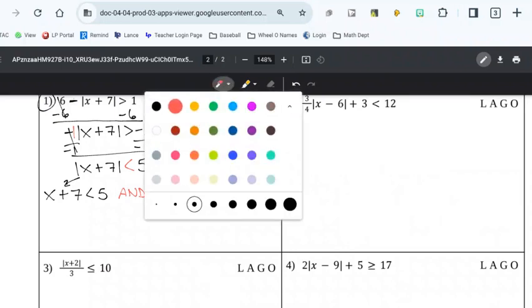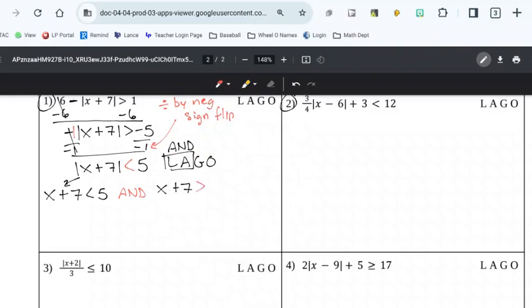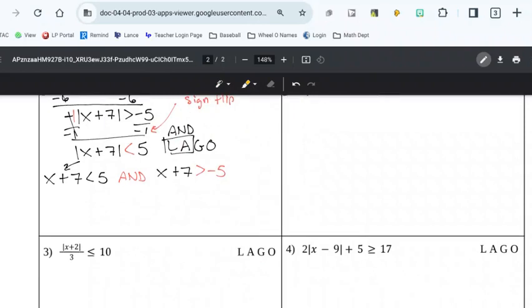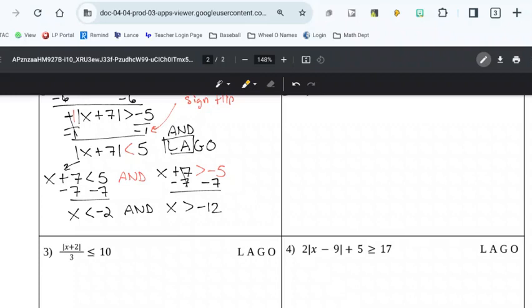We need to flip the sign, is greater than, and then negative 5. Minus 7 on both sides. X is less than negative 2. And x is greater than negative 12. And there's our solution.